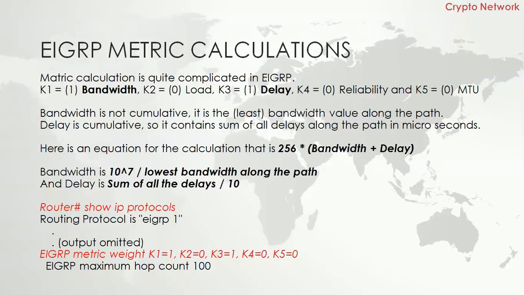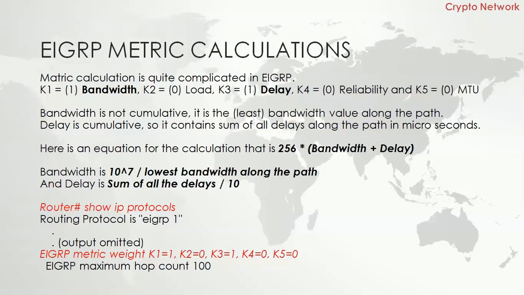So Enhanced Interior Gateway Routing Protocol, EIGRP, uses a complex equation to find the route metric value. EIGRP considers the following network performance related attributes to calculate the EIGRP metric value.